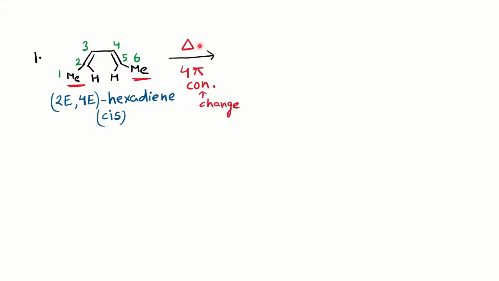So obviously for thermal condition, it will be conrotatory. So just from 6 pi PC, we brought that under thermal condition for 4 pi system, it will be conrotatory ring closure. And if it is conrotatory, there will be a change in the stereochemistry, means the cis will give you the trans product. So that we will see.